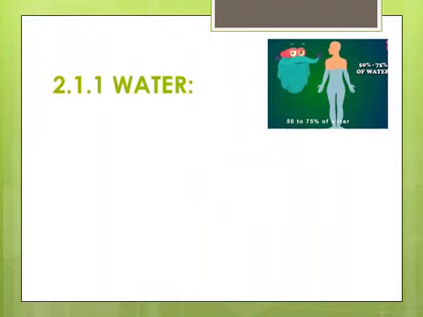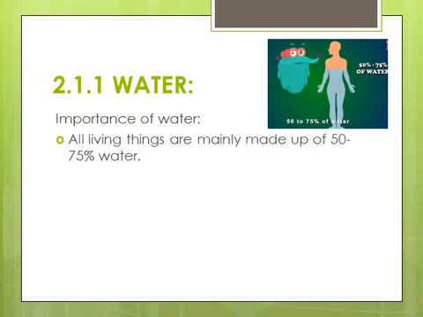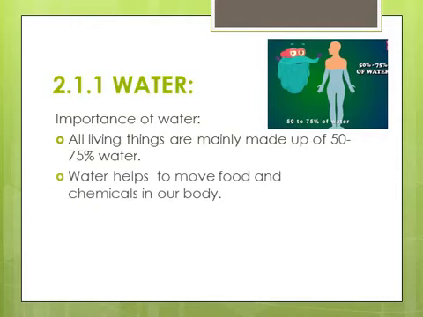Now, the first thing is water. Importance of water. All living things are mainly made up of 50 to 75% water. That means we cannot live without water because our body is made up of water.